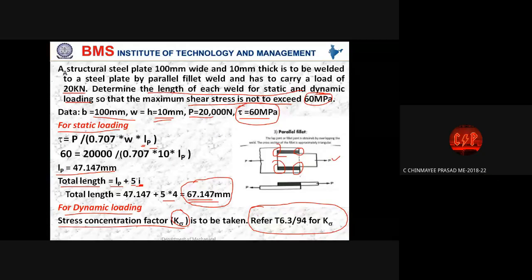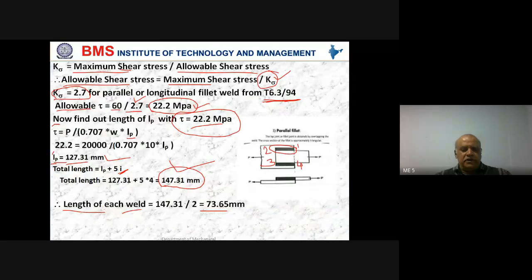When it is subjected to time varying loading condition, the shear stress will have to be reduced. We have to design the welded joint such that the allowable shear stress is only 22 megapascal. Then what will happen? We have to increase the length of the weld. That means we are increasing the stiffness by adding more material. That's it.